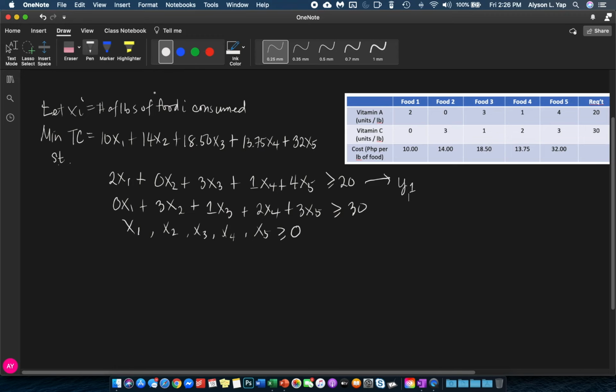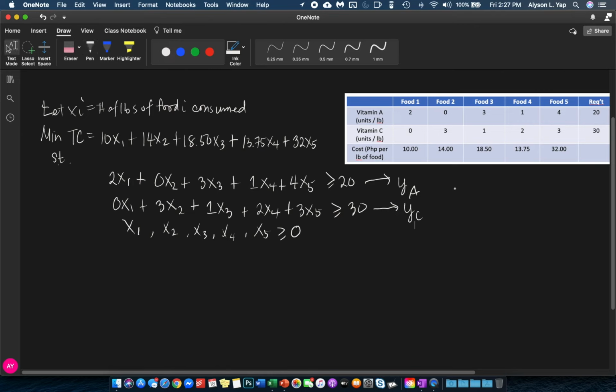or if you want for it to be clearer, let's call it y sub a, the dual variable y sub a, which corresponds to vitamin A, and the dual variable for the second constraint, let's call it y sub c. Okay?